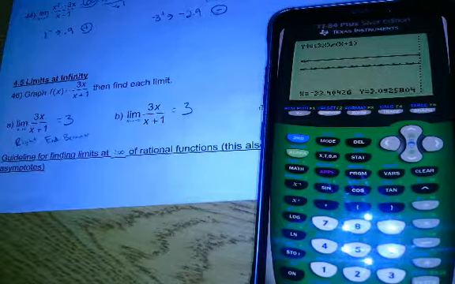So, let's talk about how to find horizontal asymptotes. Okay? You probably learned this terrible thing called Bobo.